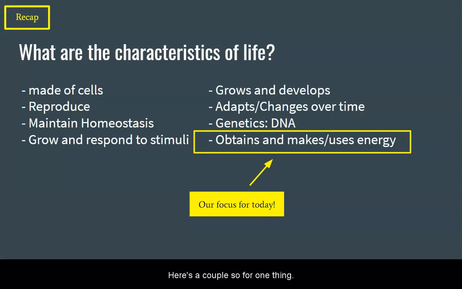Here's a couple. For one thing, organisms are made of cells. They reproduce, have homeostasis, grow and respond, and so on and so forth. But the one that we're really going to focus in on today is obtaining and using energy. We have learned how plants do photosynthesis, and they essentially make their own food.